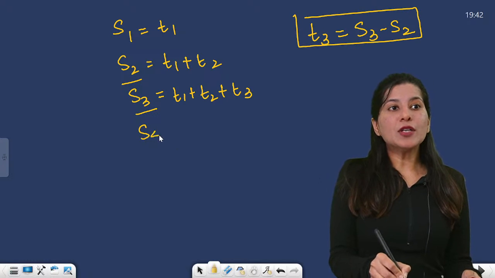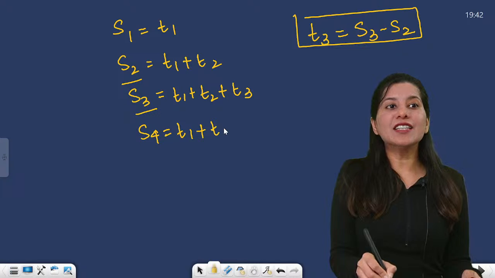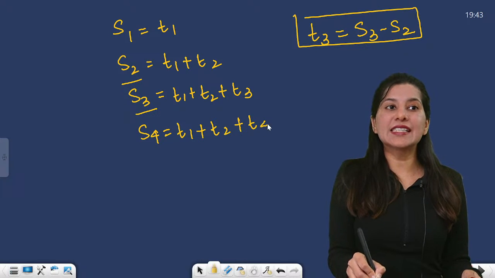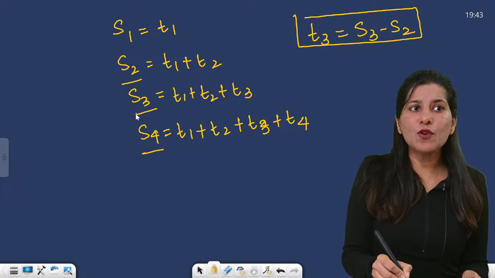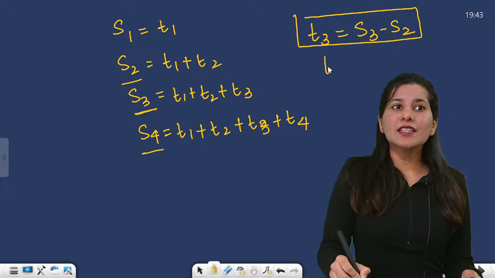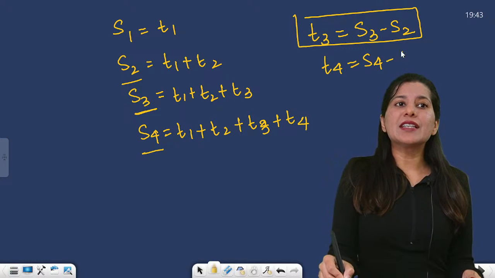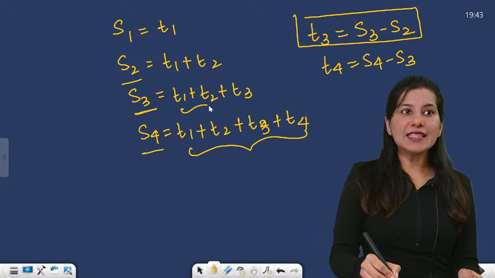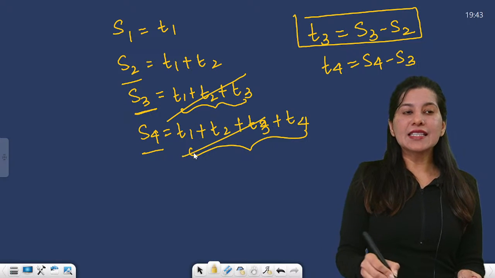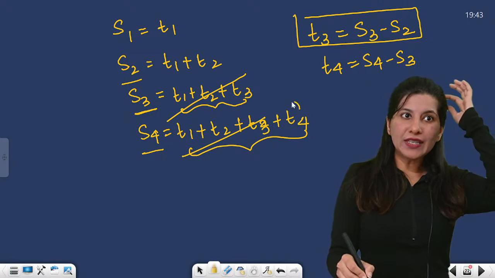How about getting T4? With the help of Sn, if you subtract S4 and S3, what will you get? T4 is equal to S4 minus S3. Do you realize this? Because S4 minus S3 will cancel out T1, T2, T3, only T4 will be left.